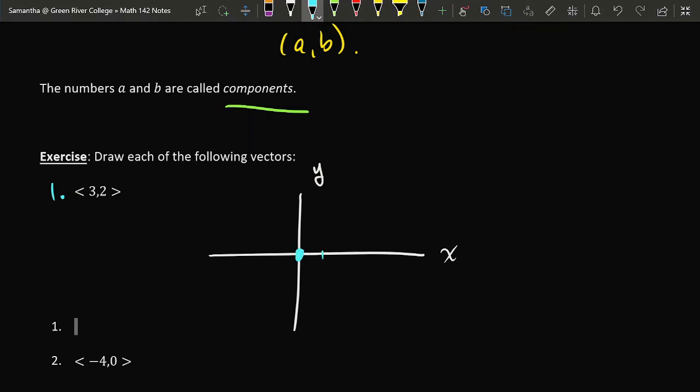Then I would draw a vector so that its arrowhead lives at the location 3 comma 2. The vector is the quantity that stretches from 0, 0 to the location parenthesis 3 comma 2.